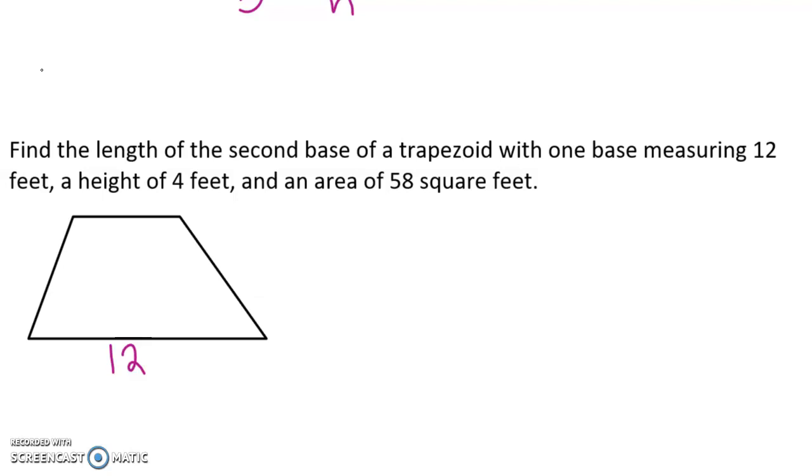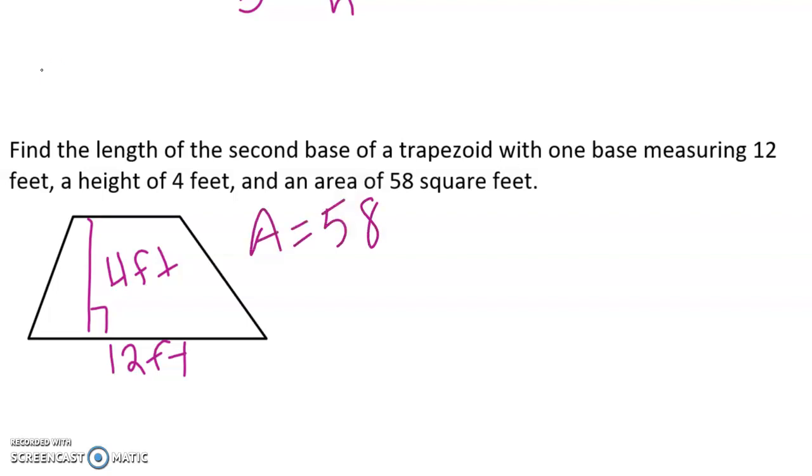I'm labeling the longer base, but I don't actually know at this point if it's going to be longer or shorter, so we'll just wait and see. I know my height is 4. Once again, I'm showing that my height is perpendicular to my base, and I know my area is 58 square feet.